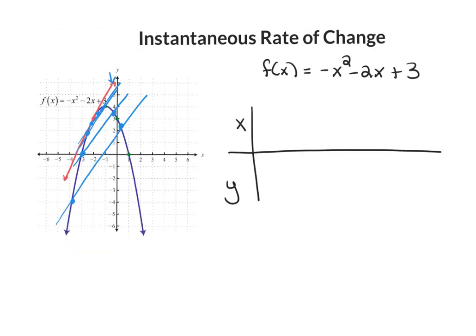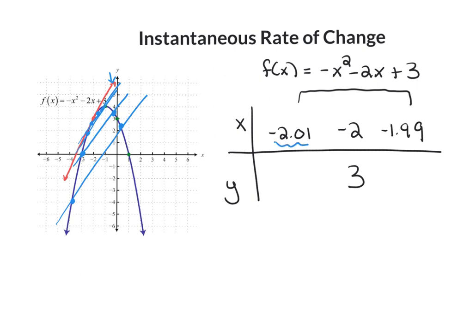So at -2, the x value is -2, and the y value is 3. What I want to do is get an interval around -2, but as small as we possibly can. So we're going to choose numbers very, very close. Let's choose -2.01 and -1.99.